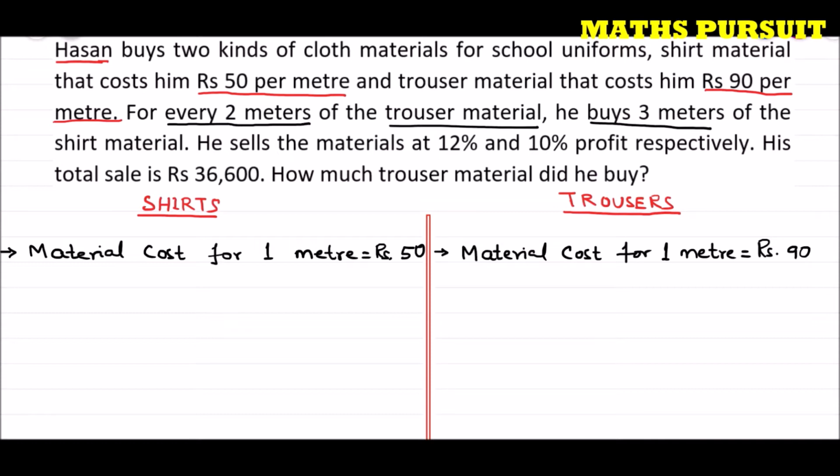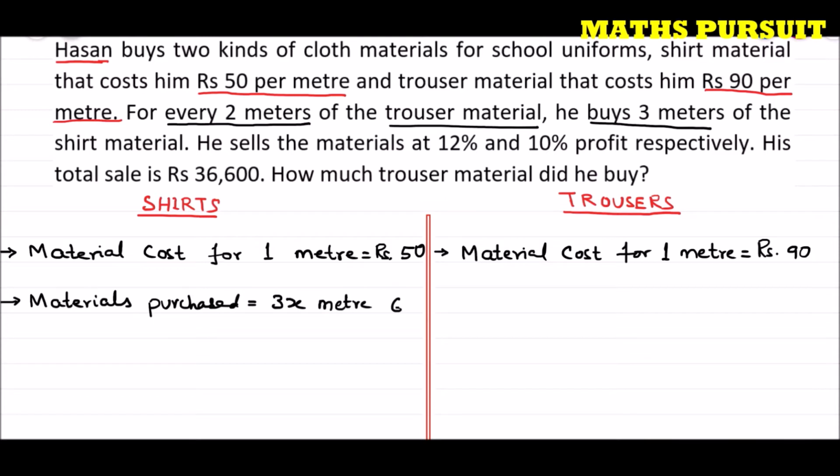So I can write here then: shirt materials purchased is equal to 3x meters.